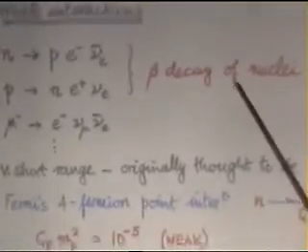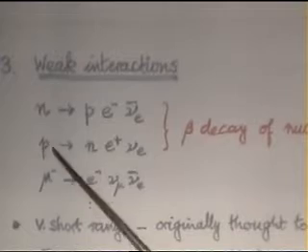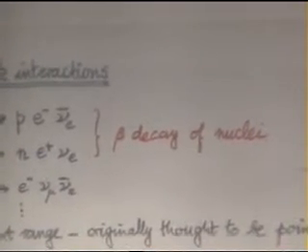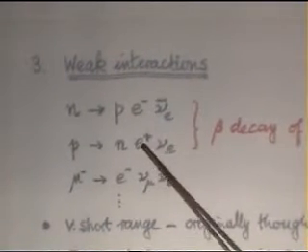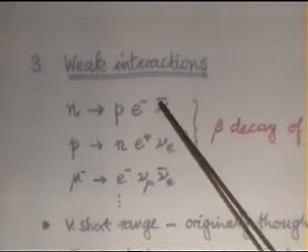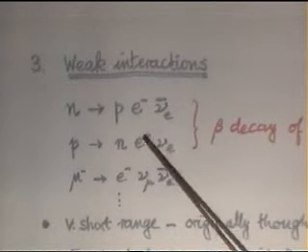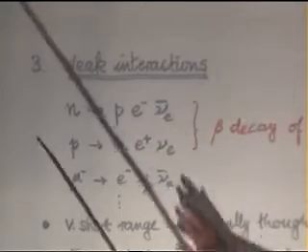Now, weak interactions began by looking at beta decay of nuclei, in which a neutron or a proton inside a nucleus changed to a proton or a neutron. When this was first looked at, they didn't know anything about a neutrino, so you'd expect the electron or the positron to come out with definite energy, because this would have been a two-body decay.